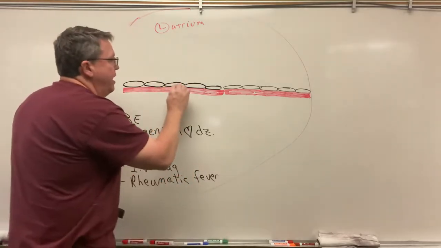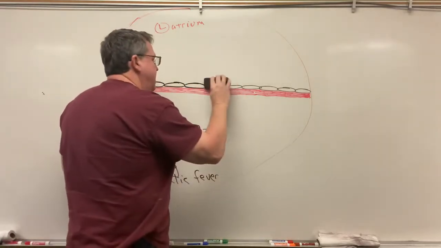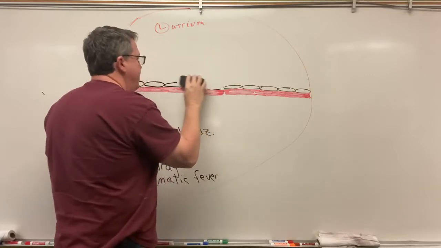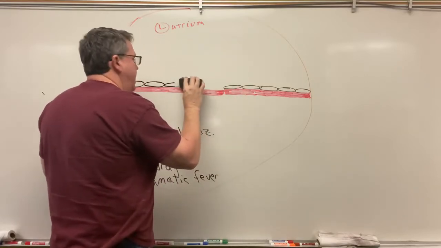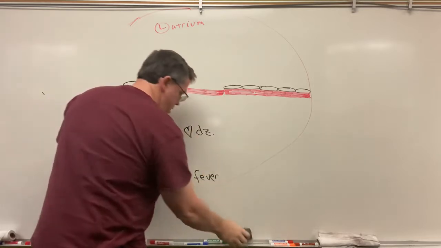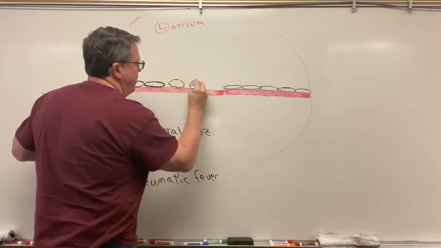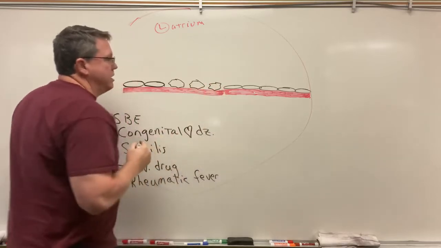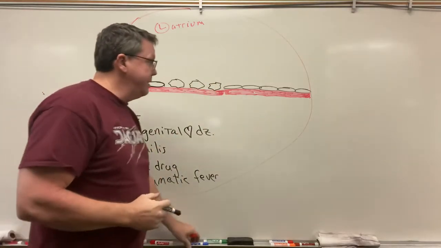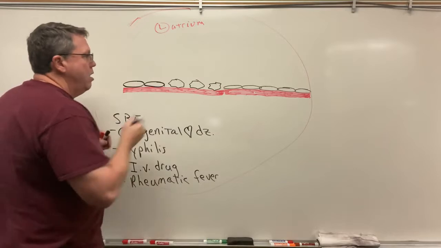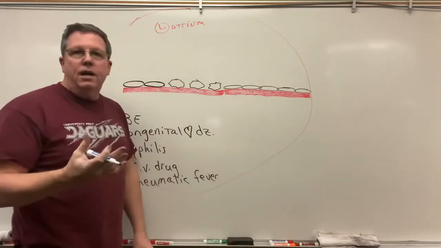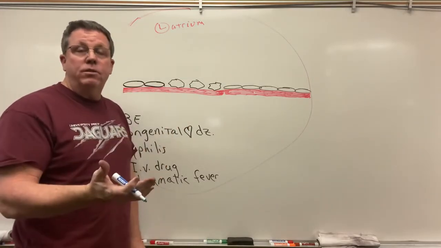So instead of these endothelial cells being nice and flat, they are damaged. So now here's my damaged endothelial cells. Well, here's what's going to happen when these get damaged. It's basically like when you get a cut on your skin, you form a blood clot, right?